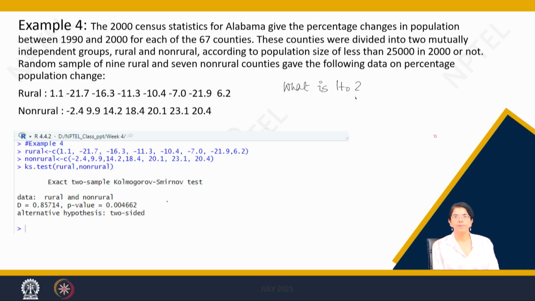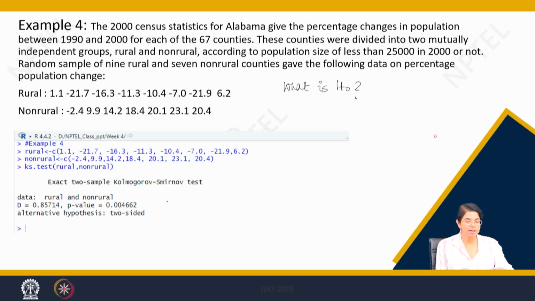These counties were divided into two mutually independent groups, rural and non-rural, according to whether the population size was less than 25,000 in 2000 or not. A random sample of 9 rural and 7 non-rural counties gave the following data on percentage population change.